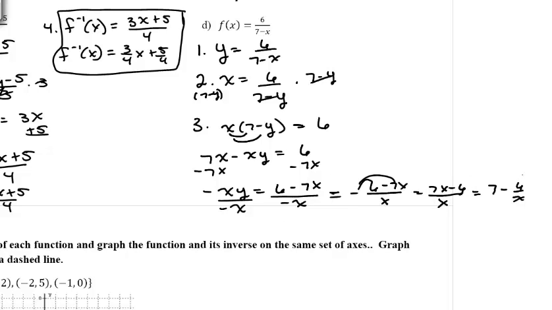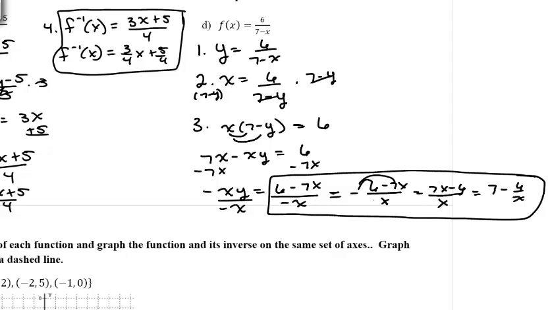All of these would be acceptable answers as far as I'm concerned. So there's a lot of different variation as to how this can look in its final form. The form that I like the best is this one right here, 7x minus 6 over x. So that's the one that I'm going to call my inverse function, because that's the form I like the best.